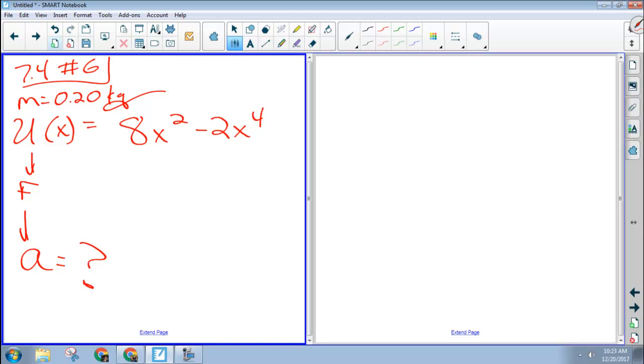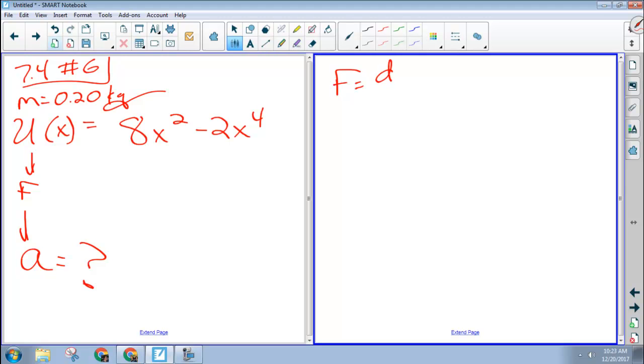So, over here, I think Peter just answered this. Does everybody understand? This is my equation for my potential energy. So the force should be the derivative of that, right? Yep. So my force should be the derivative of the potential energy with respect to x.